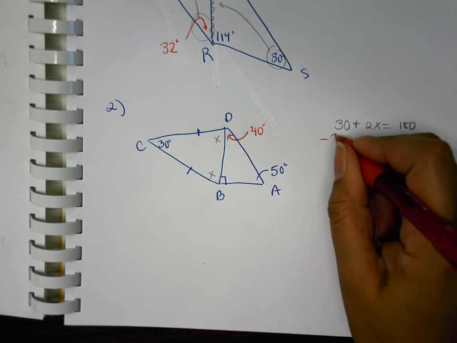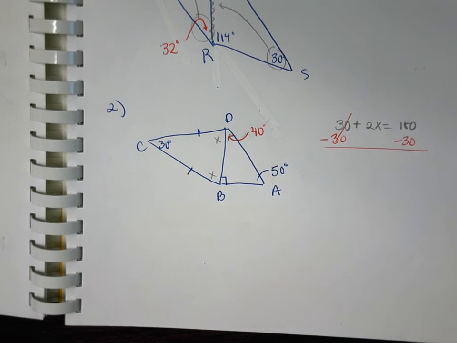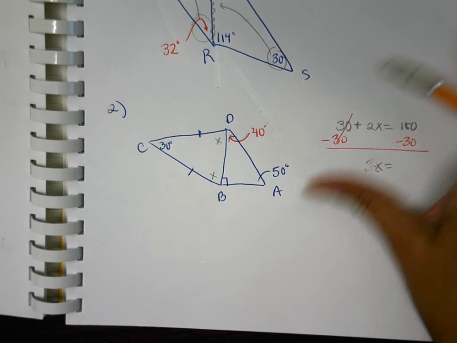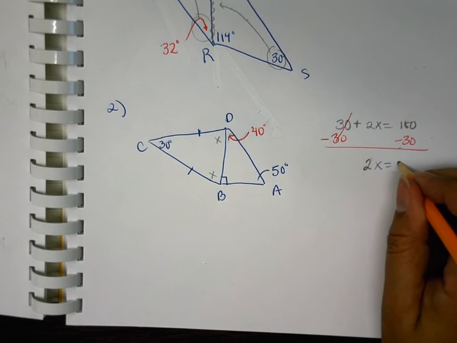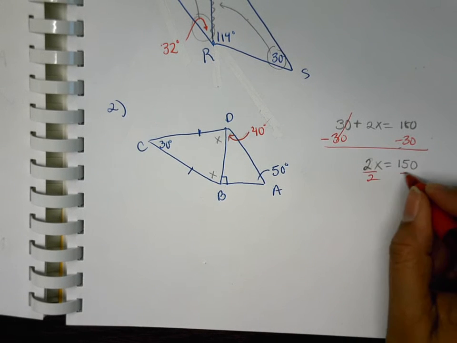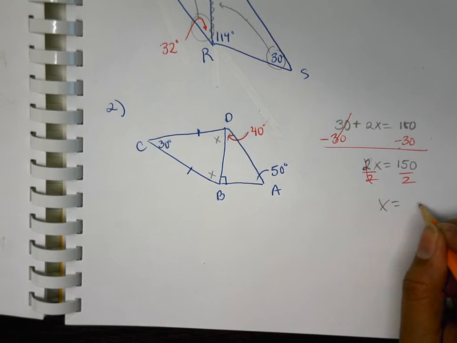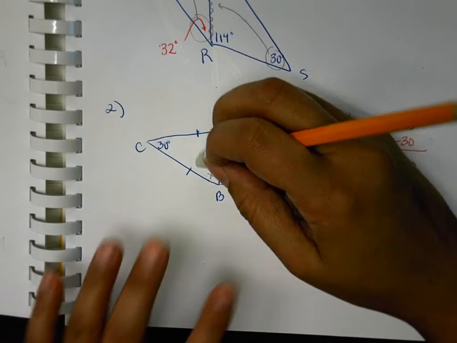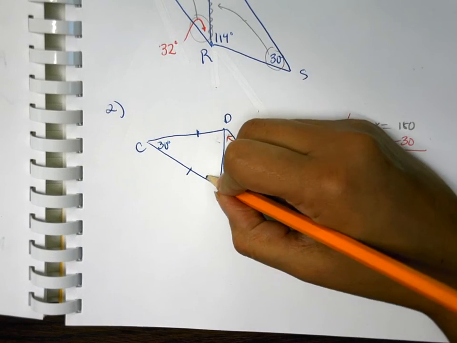I really like this way better because it's easier for me to check your work, and I like seeing the equations, it's clean. 2x equals, what's 180 take away 30? 150. You divide both sides by 2, and what does x equal? 75. All right, so I'm erasing these x's, and I am going to put 75s.